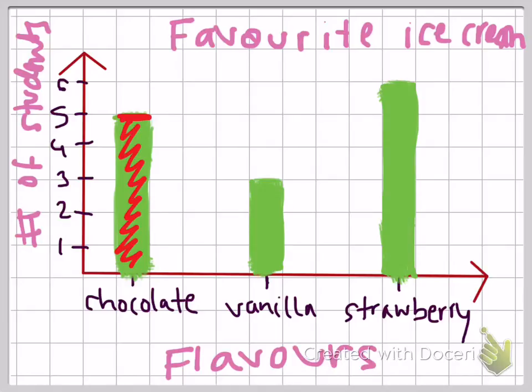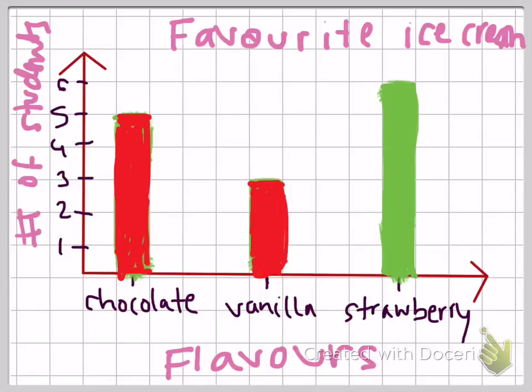For my vanilla, 3 students enjoy the flavor of vanilla, so I colored it until 3. Notice that in my green shading, it's covering the exact box, and I'm not going in and out, and the reader can evidently tell that 5 students like chocolate, and 3 students like vanilla.